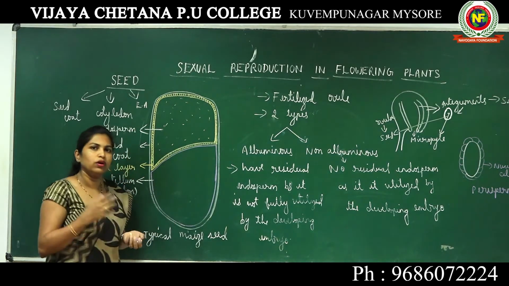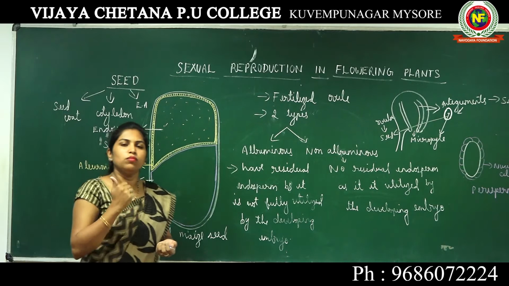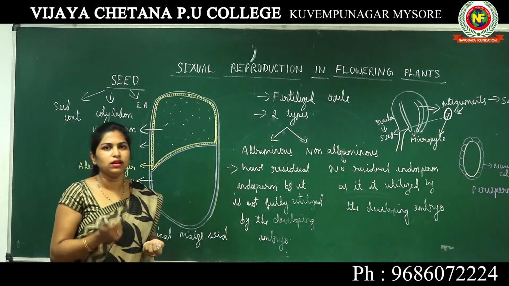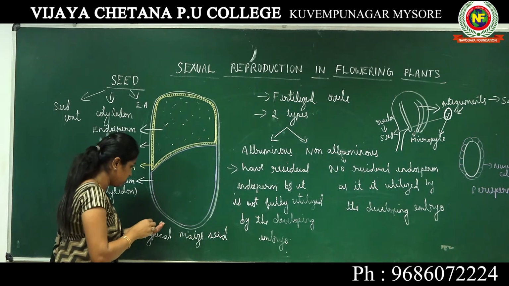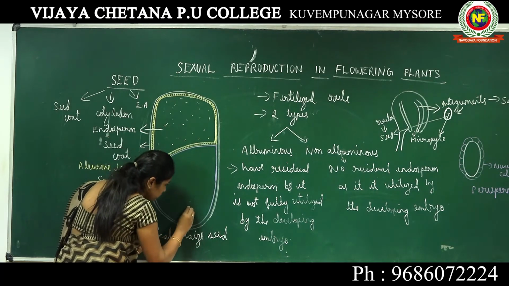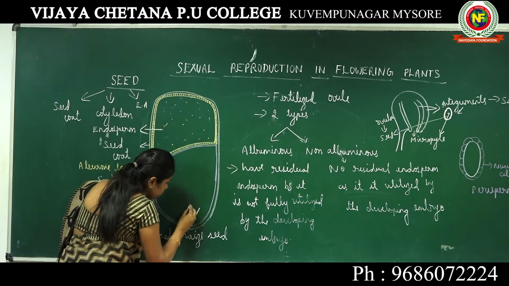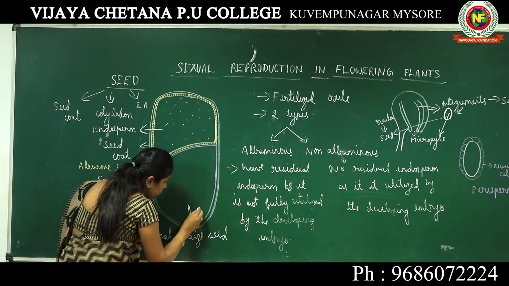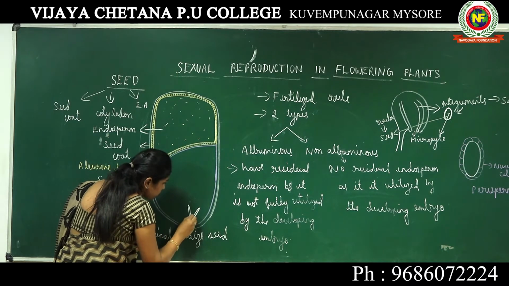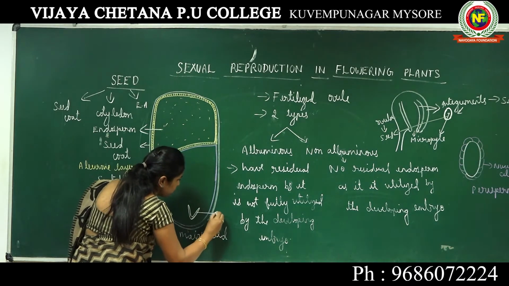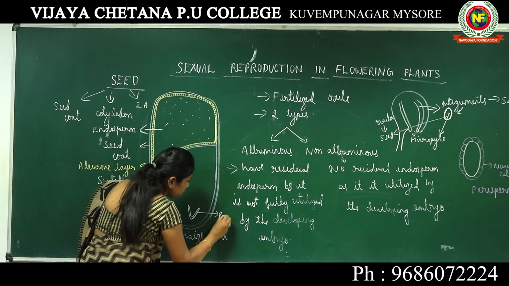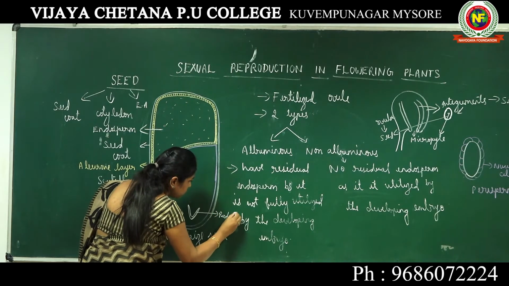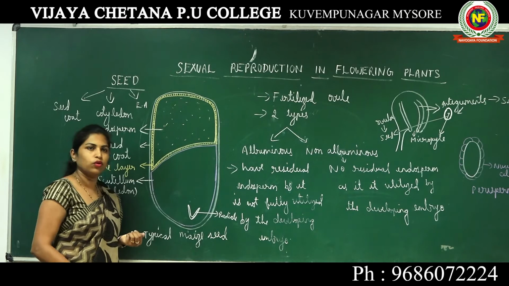As you all know, the embryonal axis should have both plumule and radicle, the root tip and the shoot tip. Here we have the radicle, which is the root tip.